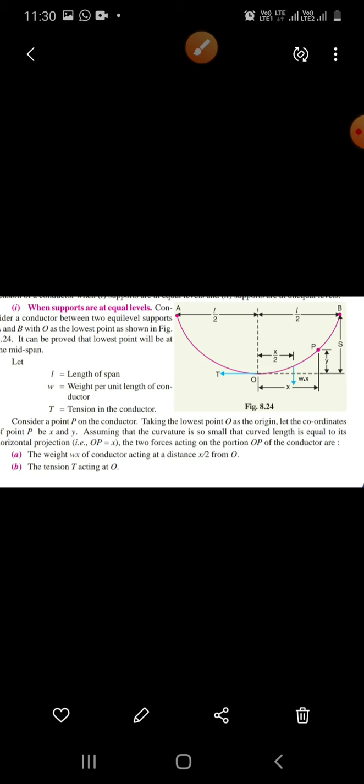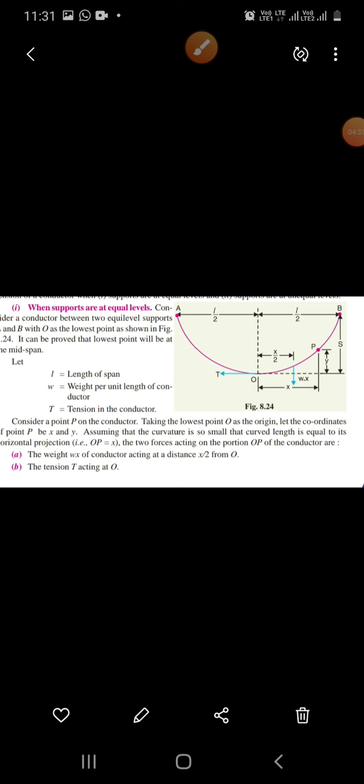Now let L be the length of the span, W the weight per unit length of conductor, and T the tension in the conductor. Consider a point P on the conductor, taking the lowest point O as the origin, and let the coordinates of point P be x and y.